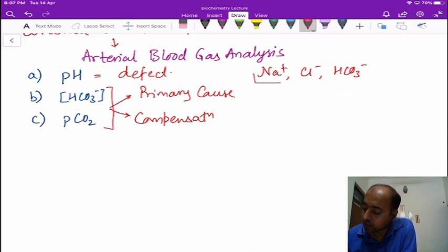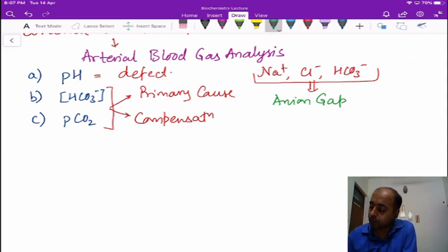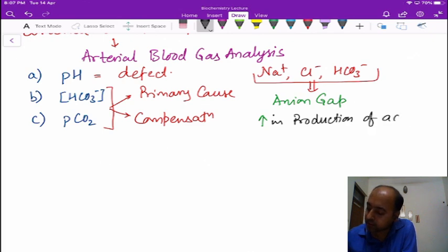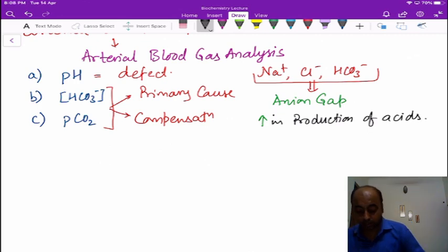These values are generally not used, but if at all we make use of them, then we calculate what is known as the anion gap, and the anion gap is increased when there is production of acids.